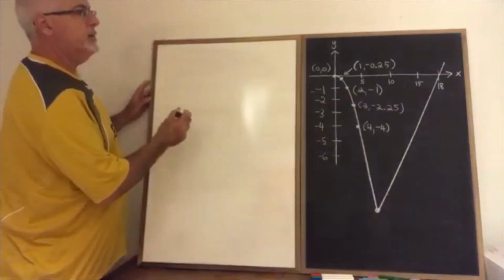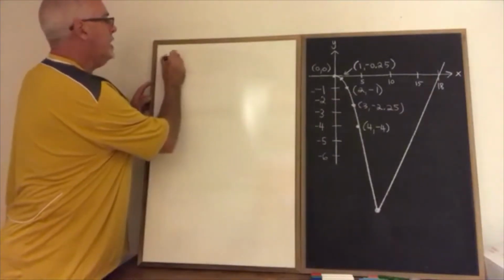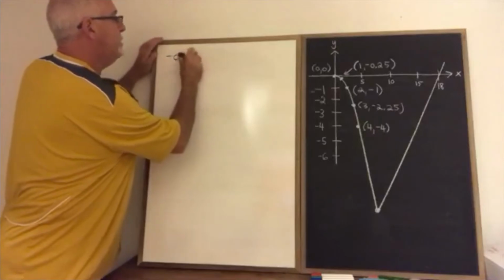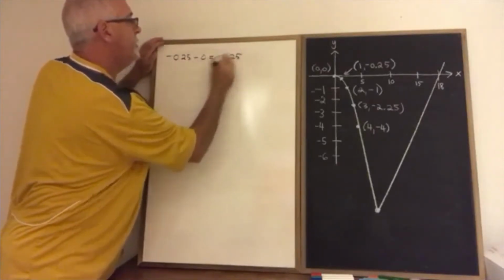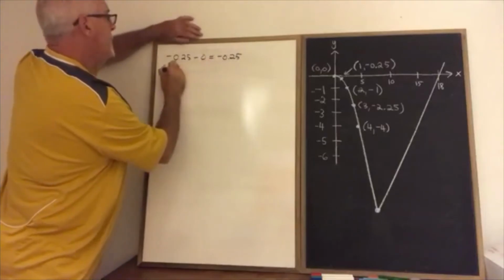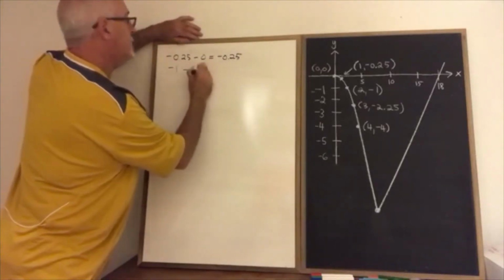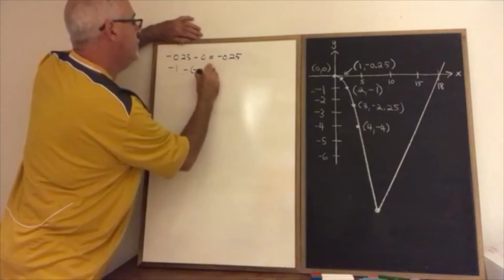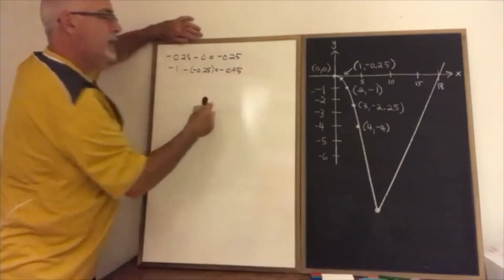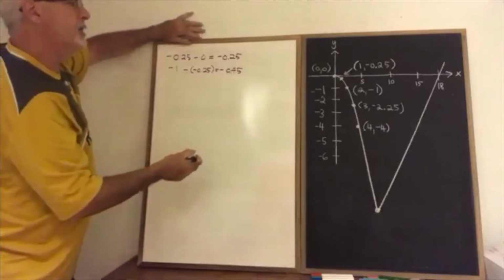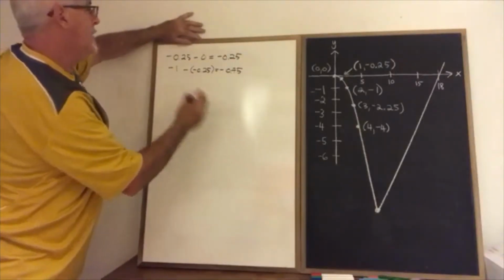Starting with constant difference, negative 0.25 minus 0 equals negative 0.25. Then negative 1 minus negative 0.25 equals negative 0.75. Already I see that I'm failing the constant difference test, but I'll keep going.